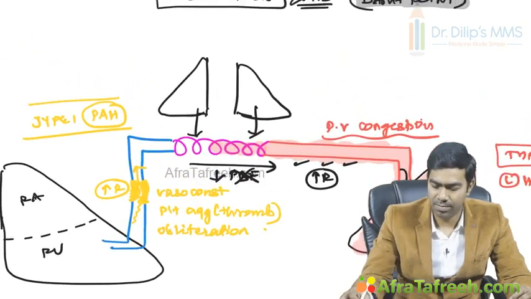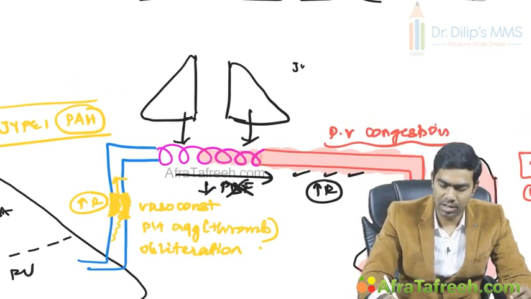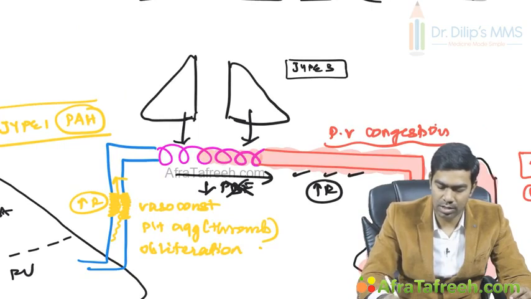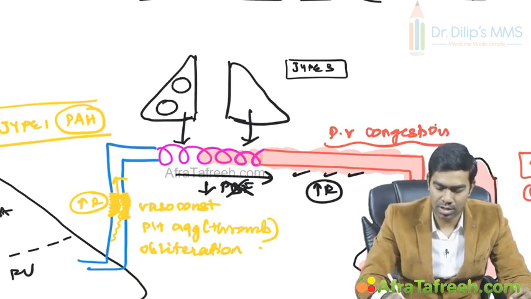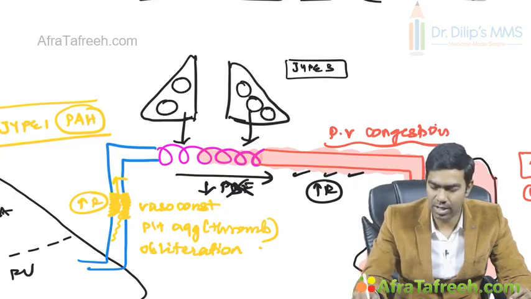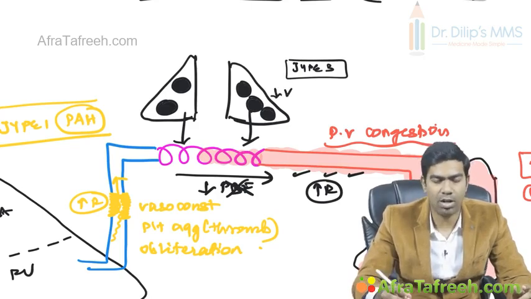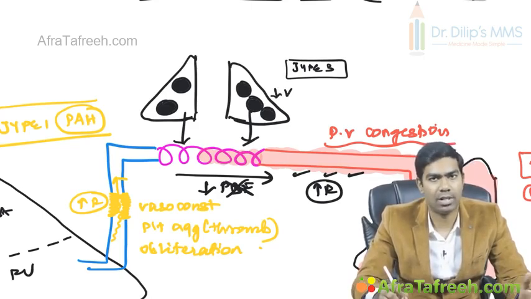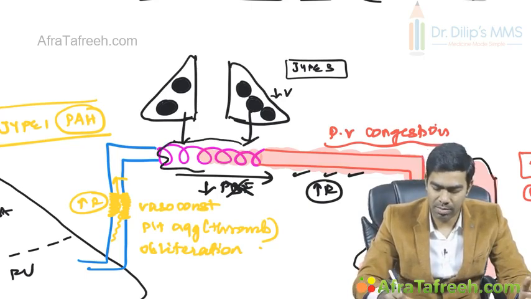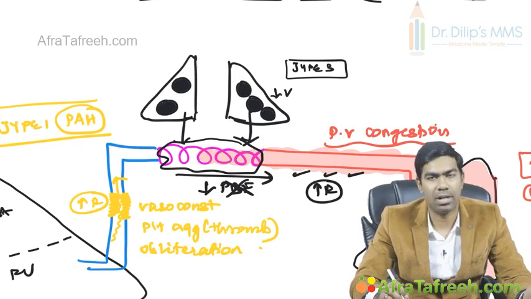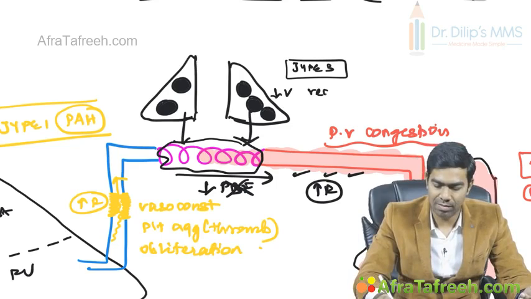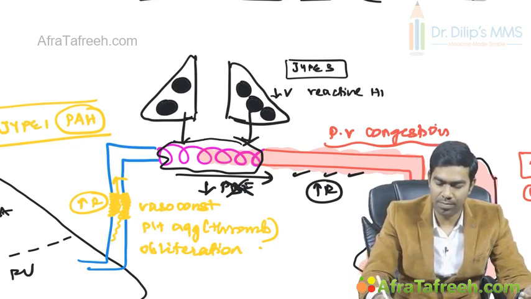Similarly, what is type 3? Type 3 pulmonary hypertension is due to lung disease. I told you, suppose there are a lot of areas in the lung which are not ventilated properly, let us assume all these areas in the lung are not ventilated, which means so many areas in the lung are defective, they are not ventilating. You know very well, if they are not ventilating and they don't have sufficient oxygen in the alveoli, this pulmonary circuit, capillaries and the blood vessels in the pulmonary system are going to go for a phenomenon called reactive hypoxic pulmonary vasoconstriction.